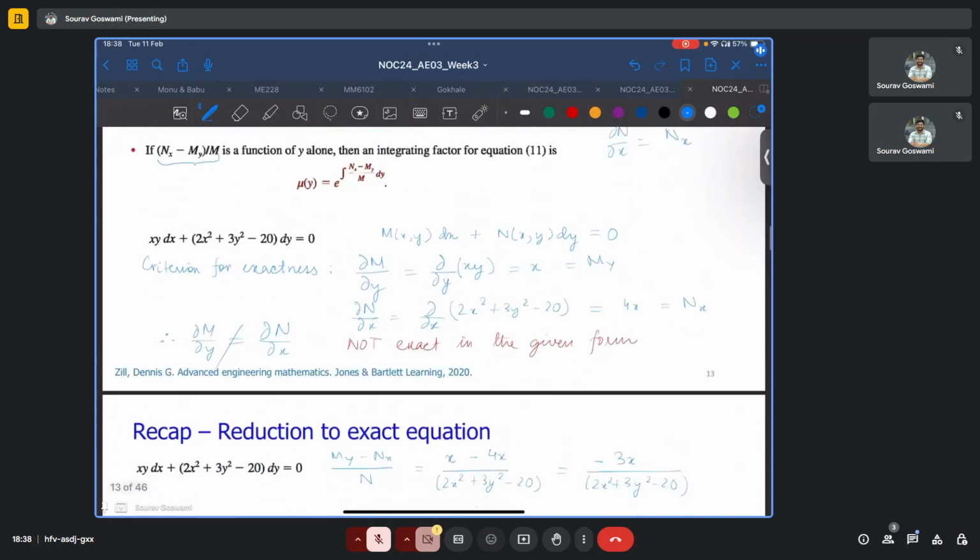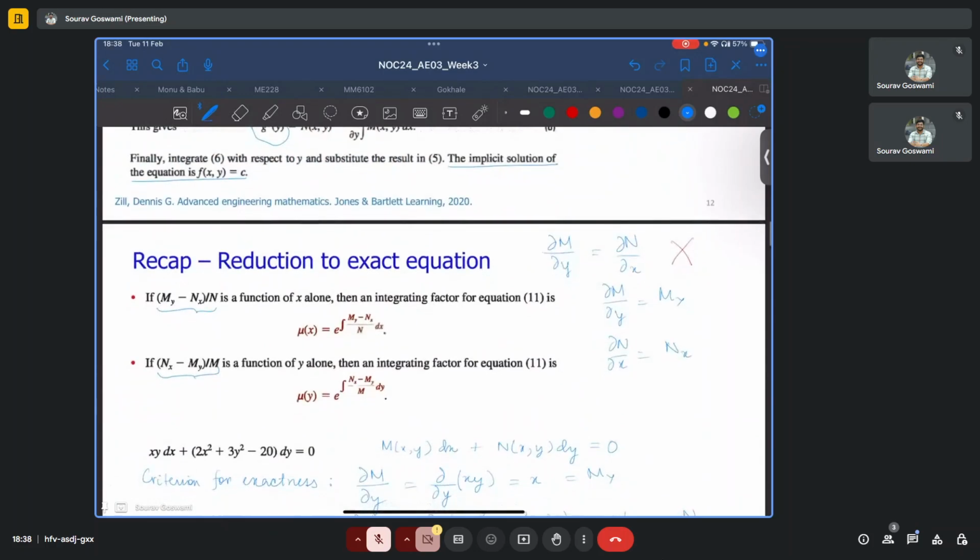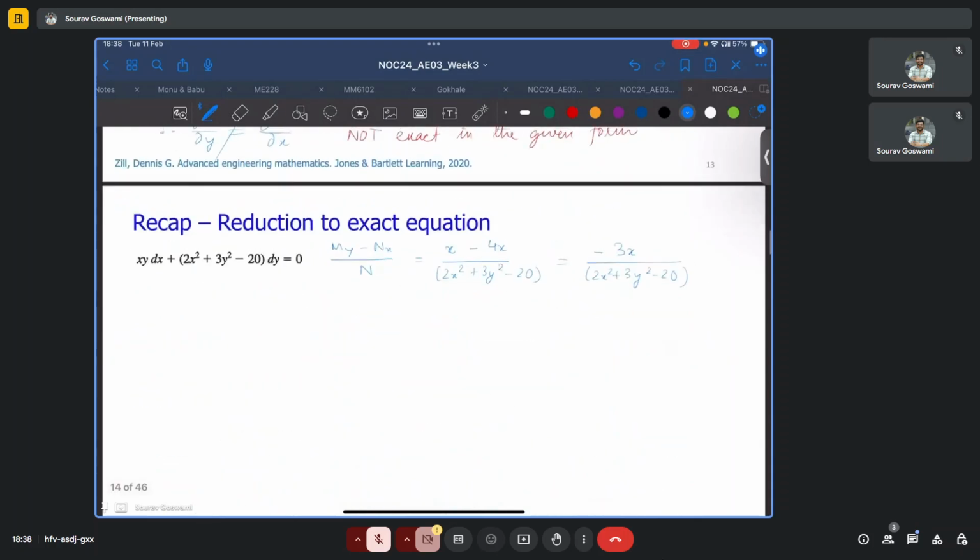Now, is the function (My minus Nx) by N a function of x alone? Well, we do have y here in the denominator, so not a function of x alone.